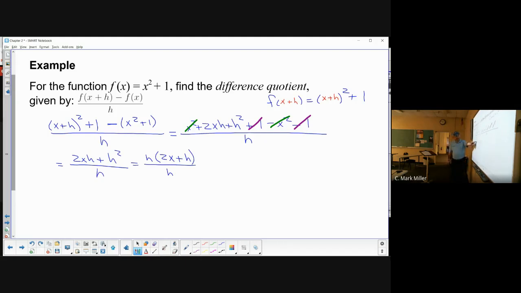Factor an h off of each term on the top. Those cancel. That is the difference quotient for the function x squared plus 1.